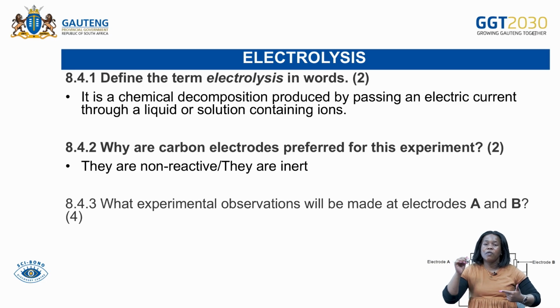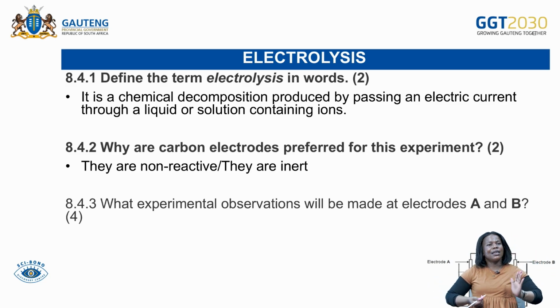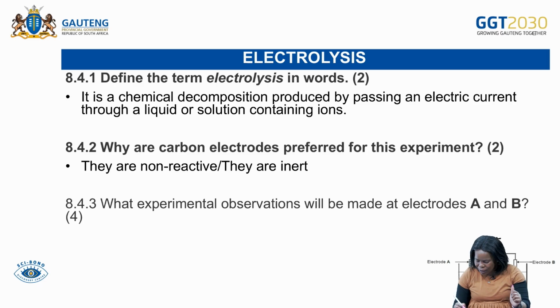The movement of electrons in the external circuit always goes from the positive terminal to the negative terminal. So there's a loss of electrons, and a gain of electrons. That means that over here there's an ox. So on this side, electrode B, this is an anode.